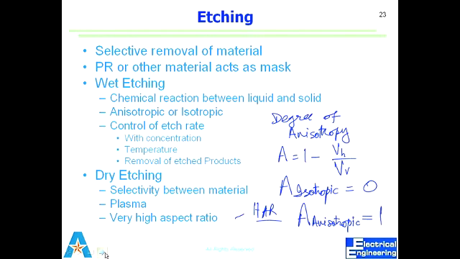Same in depth, same in width. That is not high aspect ratio. High aspect ratio is where we have preferential etching. So we make high aspect ratio features with dry etch.